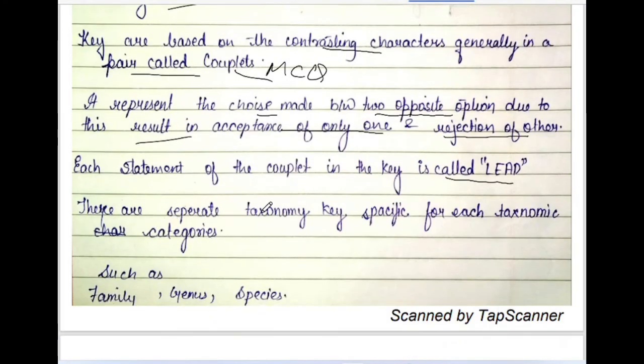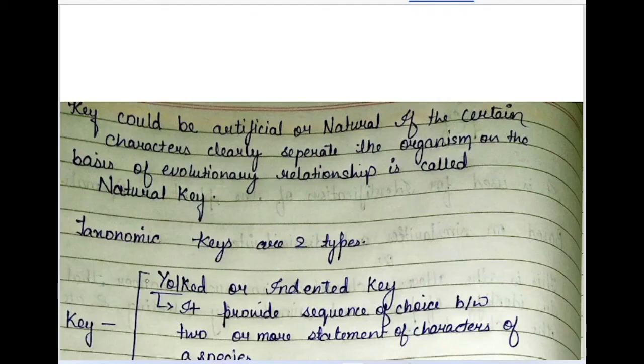There are separate taxonomic keys specific for each taxonomic category: a separate key for family, a separate key for genus, and a separate key for species. A key could be artificial or natural.